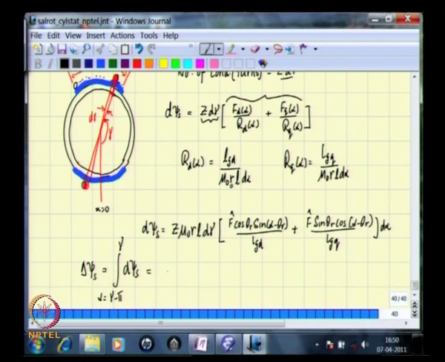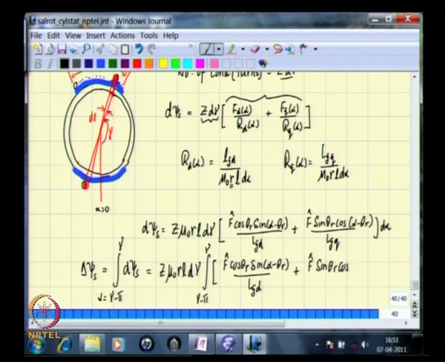That is therefore Z mu naught R L d gamma into the integral from gamma minus pi to gamma of f hat cos theta r sin of alpha minus theta r divided by LGD plus f hat sin theta r cos of alpha minus theta r divided by LGQ d alpha.